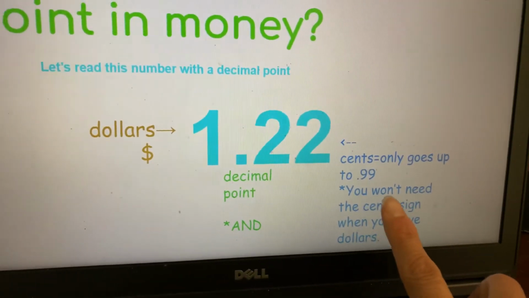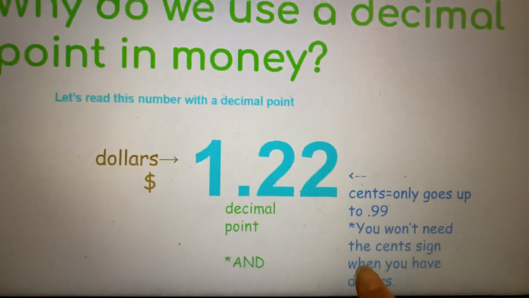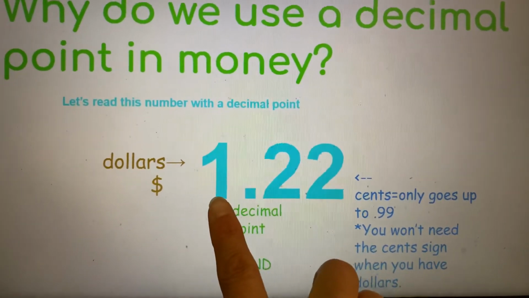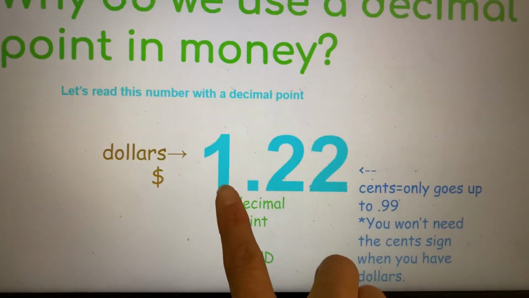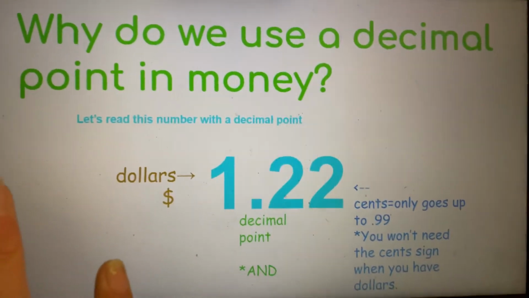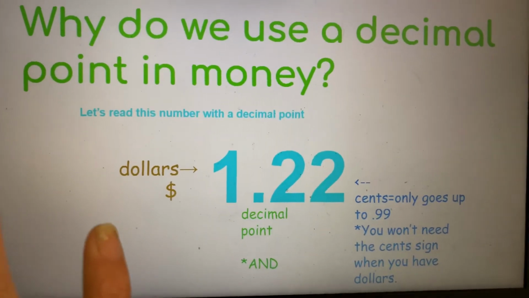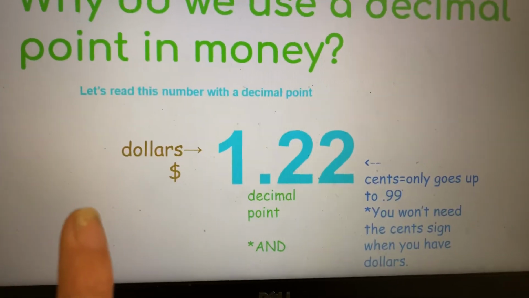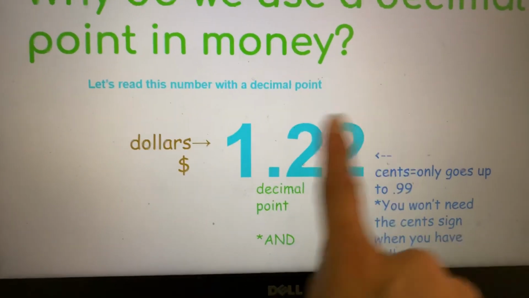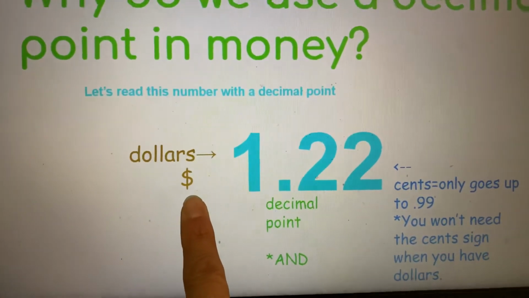You won't need the cent sign when you have dollars. So when you see a number over here, 1, 2, 3, 4, 5, 6, 7, 8, 9, 10, anything all the way up to a billion, trillion, however large of a number you want to make, you aren't going to put the cent sign. You're just going to use this dollar sign right here.